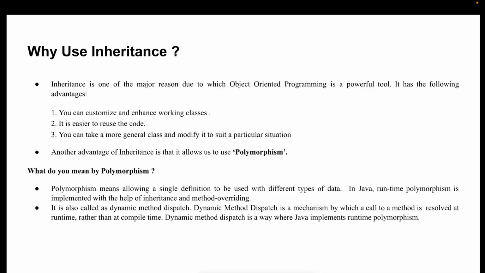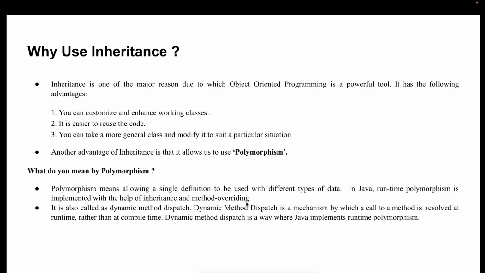Using the same name, you can create many forms to override that behavior. So polymorphism means allowing a single definition to be used with different types of data. In Java, runtime polymorphism is implemented with the help of inheritance and method overriding.